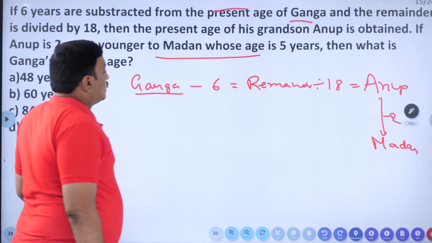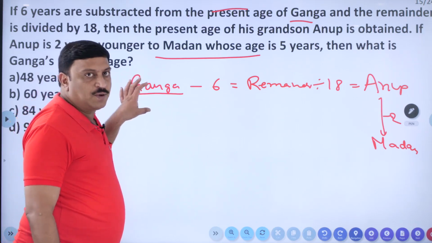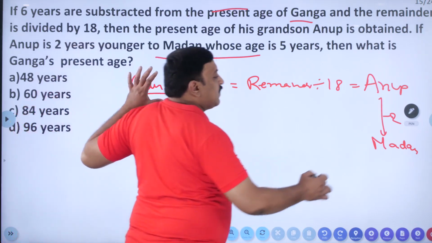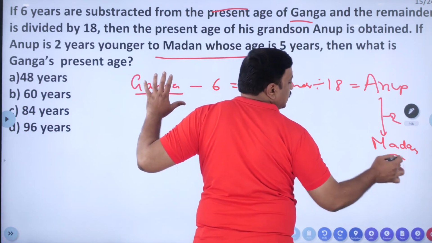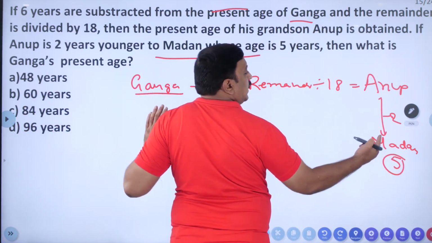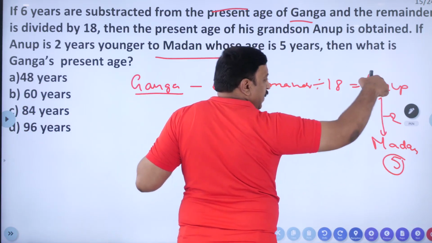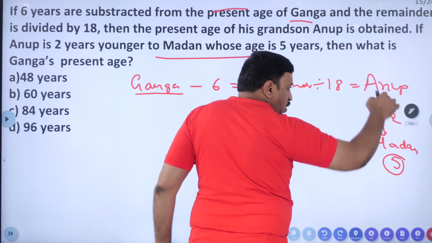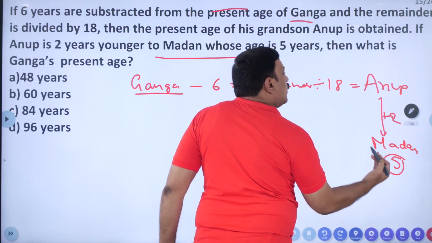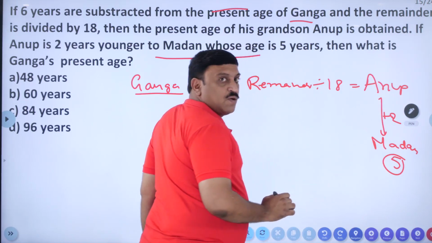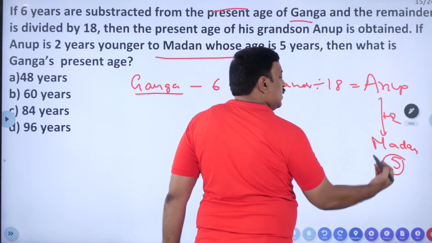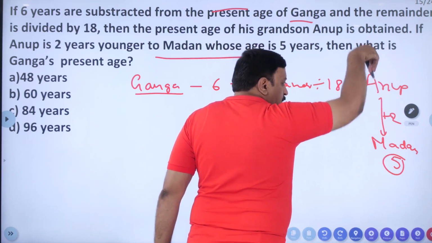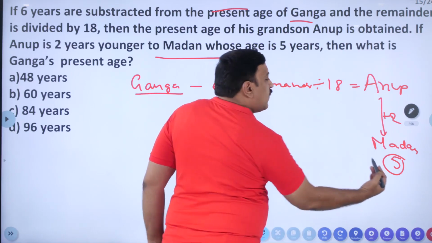Then what is Ganga's age? So again, see how it is. Madan is given already, it is 5. He is 2 years younger. From here, if you add 2, you will get 5. If you remove 2, Anup is younger. That's why 5 minus 2; in reverse it is minus 2, from top it is plus 2, right? So 5 minus 2 is what?